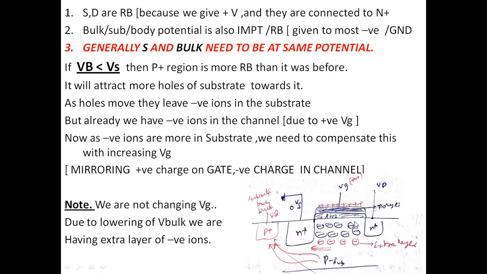So due to this, we have more and more negative ions. To compensate for these, I need more deposition of positive charges on the gate terminal. To achieve this, I need to increase the gate voltage. This increase of gate voltage that we need is called the body effect.